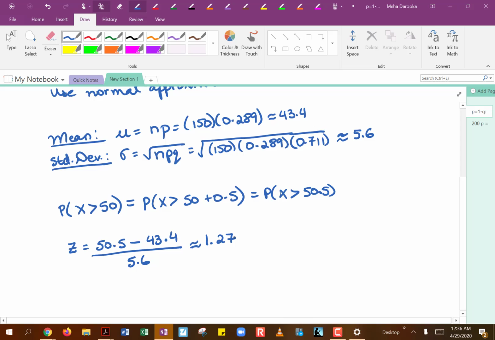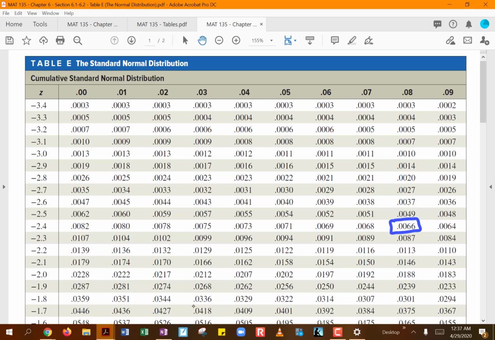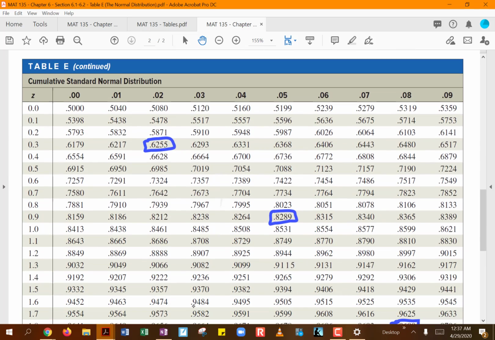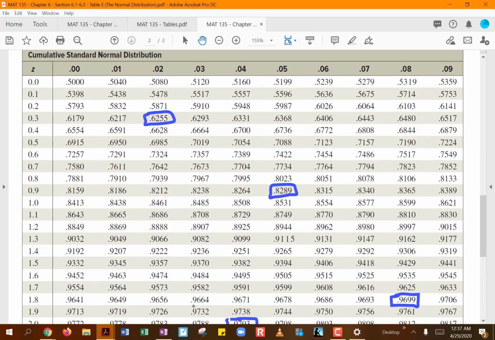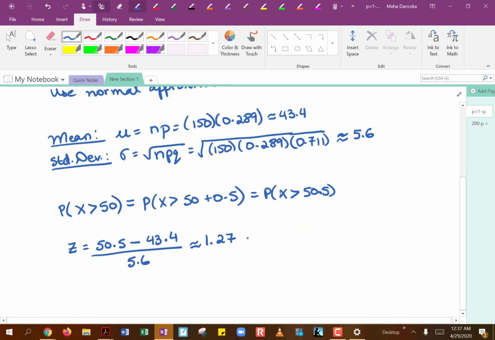So let's see what 1.27 comes out to be. There we go, 1.2 and 7 is coming out to be 0.8980. So this is the area of 0.8980.